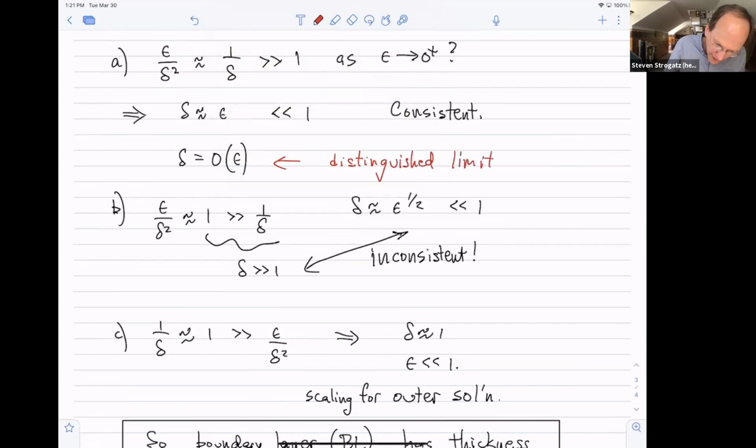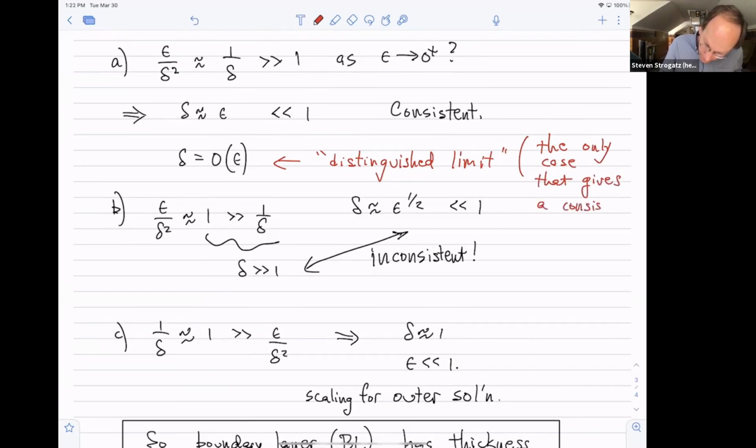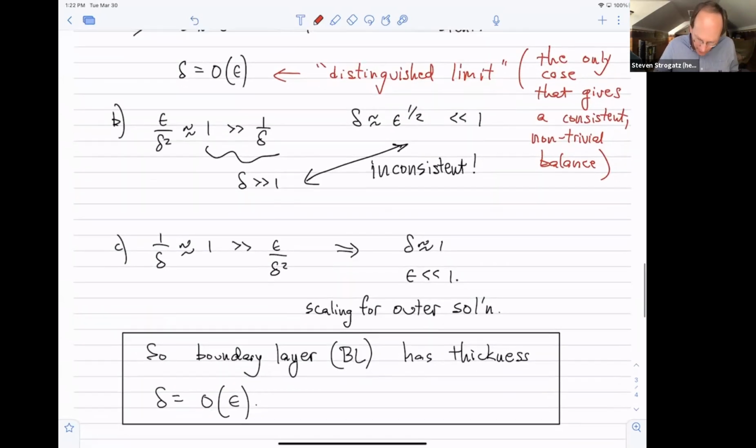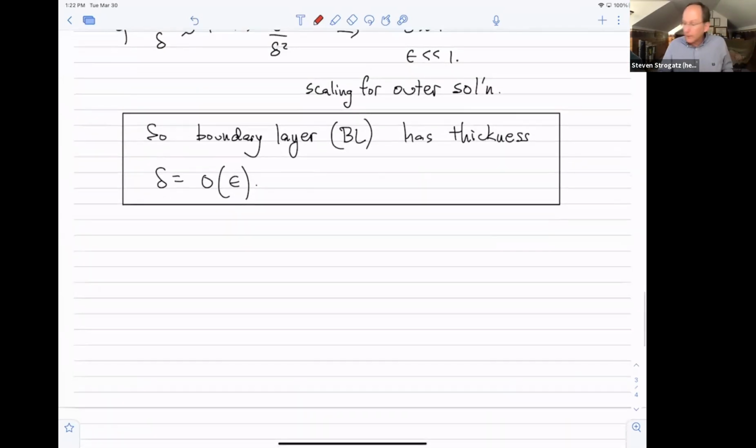I don't know that I'll be using that phrase too much, but the distinguished limit is where we have the only case that gives a consistent and non-trivial balance. By trivial here, what I'm saying is I don't want the outer solution again. The outer solution is consistent, but trivial in the sense that it's not helping us deal with the inner solution. Okay, so anyway, we've just worked out the distinguished limit. And so we got that scaling.